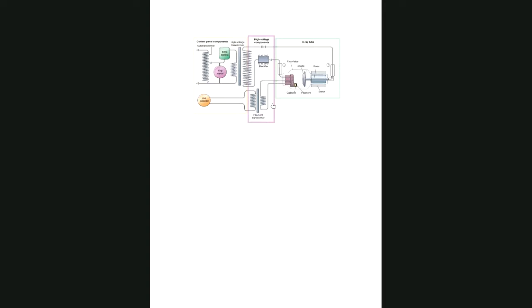And then last but not least, just showing this connection, because what happens is, even though the filament gets the current supplied to it from the filament transformer, voltage and current run in tandem. Voltage is that push that the electrons need to move, because electrons just exist.